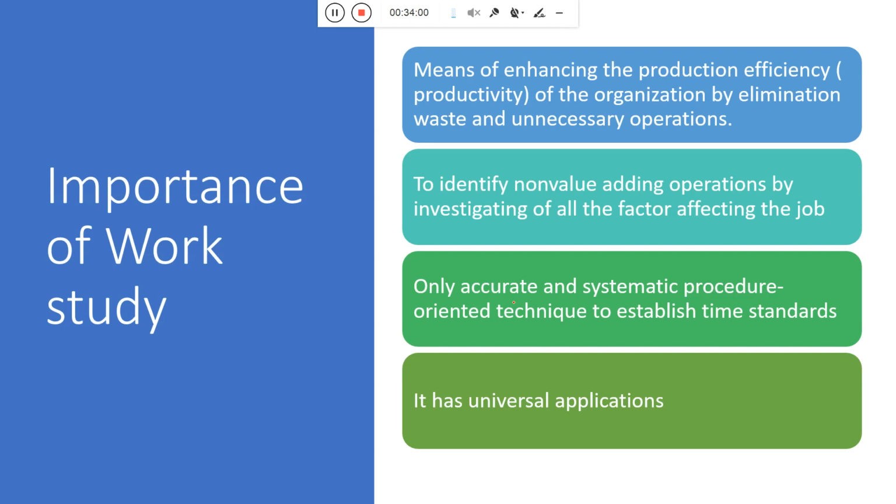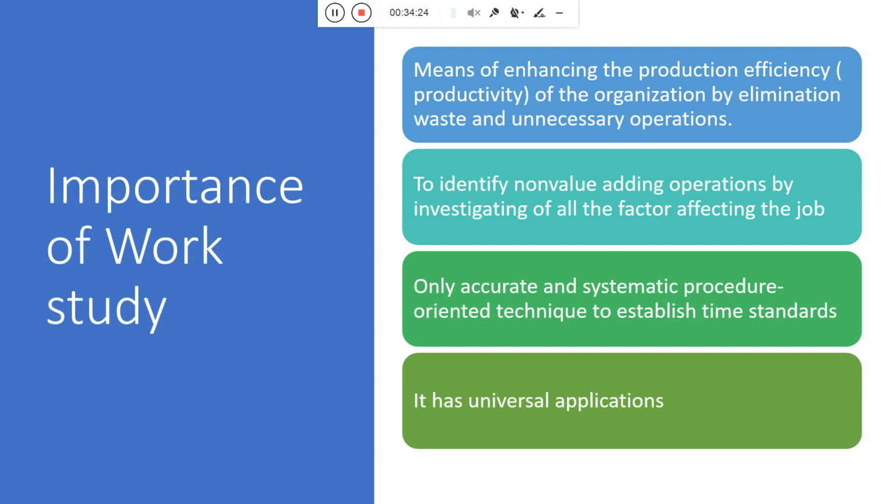The next thing is that it is an accurate, systematic, procedure-oriented technique to establish the time standard. There is a standard procedure: what allowances we need to give to the worker, and so on. I will discuss all those things, to set the standard time. It also has universal application.